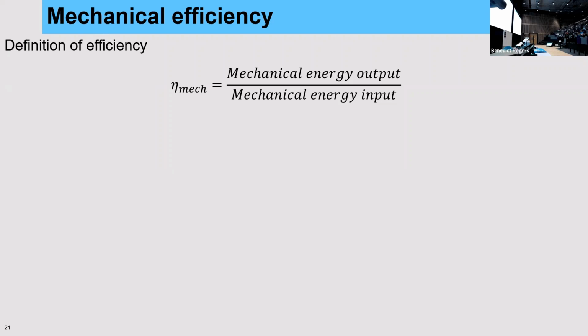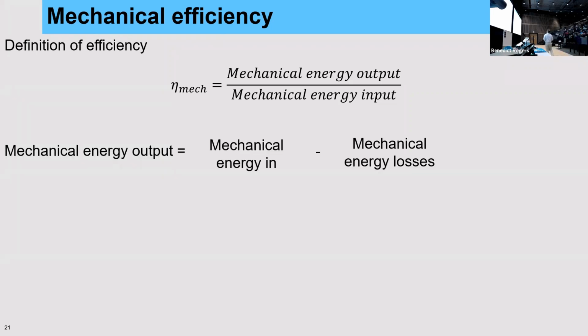It's incredibly difficult to get anywhere near 100% here because of all the losses involved in the system in terms of the energy output. So if somebody comes to you and says, I've got a 100% or 110% efficient machine, you can tell them where to go.